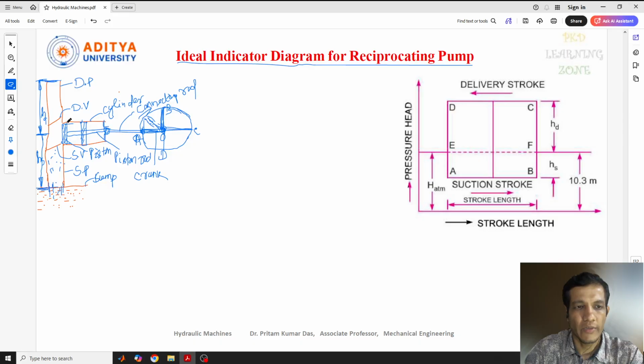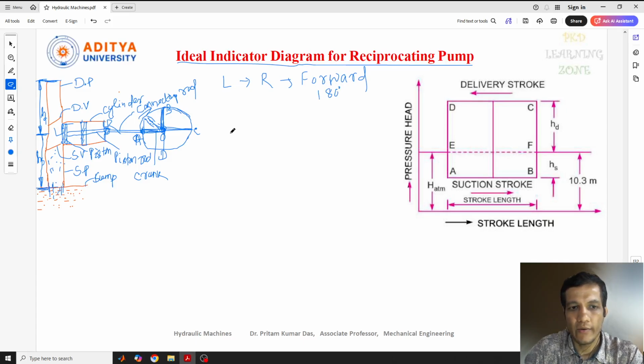That means when the piston is moving, suppose this is our left side and this is our right side. The piston moved from left to right, and when the piston is moving left to right, this is called our forward direction. You can consider this the forward direction of the piston. In the forward direction, 180 degrees will be completed.